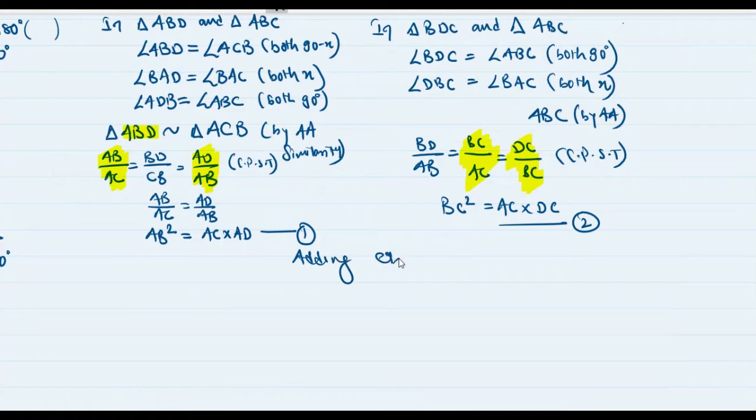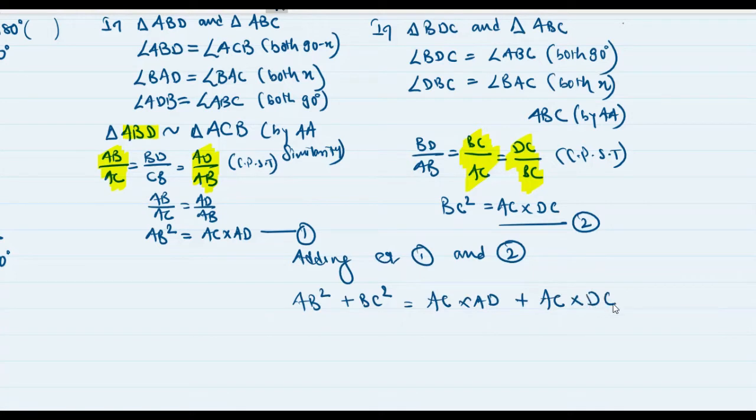add equation 1 and 2 and we'll get AB square plus BC square is equal to AC into AD plus AC into DC. AC will come out common. Here we will be left with AD plus DC.